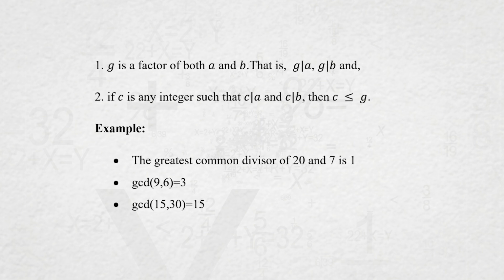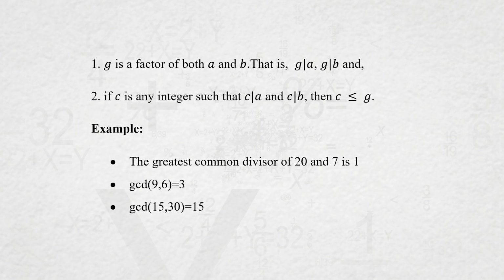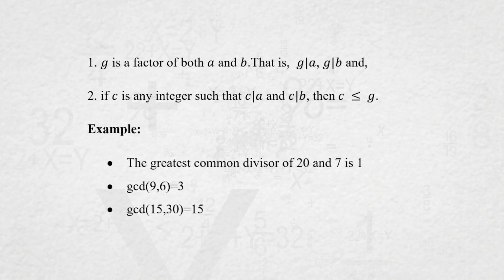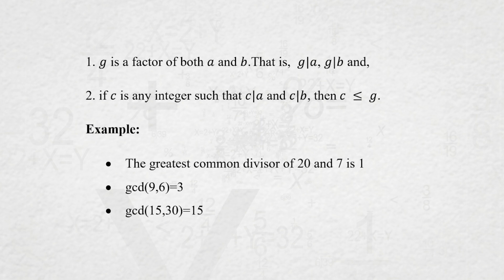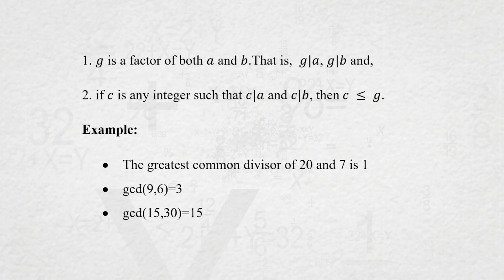We shall see some examples. The greatest common divisor of 20 and 7 is 1, because 1 is the only number that divides both 20 and 7. We cannot have any other common divisor other than 1 that divides both 20 and 7. Similarly, the GCD of 9 and 6 is 3. 3 divides both 9 and 6, and you can see here 3 is the largest number that divides both 6 and 9.